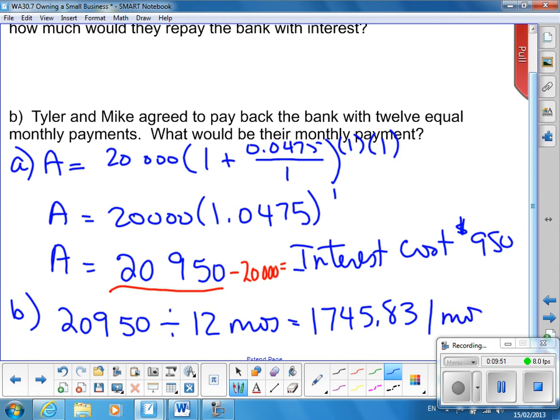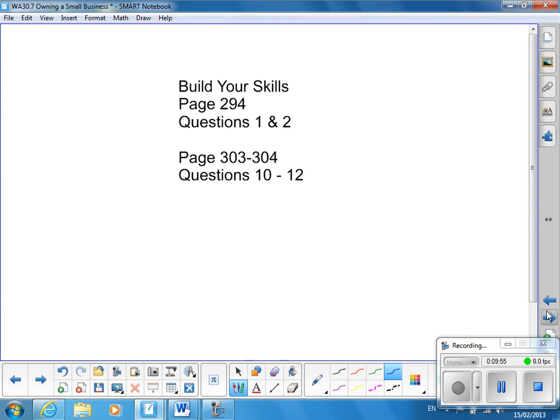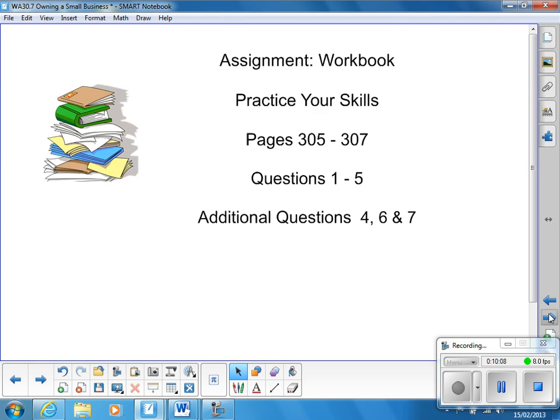Okay, you're going to do some Build Your Skills, page 294 and 303. When you're confident with this material and you've checked your answers, move on to Practice Your Skills, 305 to 307, and there are 3 additional questions attached on the Smartboard notes.